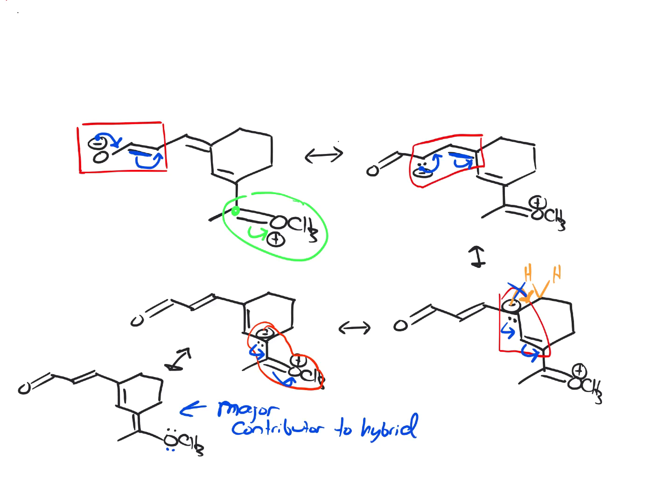Okay, and just to reiterate, these aren't individual structures. The true structure is a resonance hybrid. This is just our attempt to show where the electrons are localized through the molecule. Other questions?